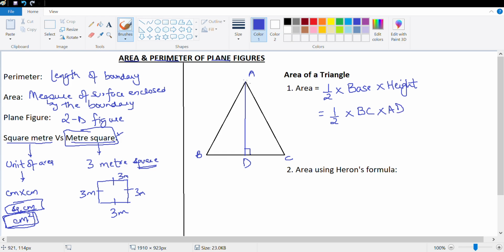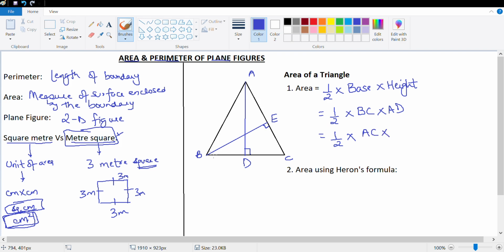Now, can I take AC as the base? Of course I can. If I take AC as the base and I draw a perpendicular from the vertex opposite to AC, which in this case is B, and let's say this perpendicular is BE, then the area would be half into base AC into height BE. A triangle has 3 bases and obviously it will have 3 heights.